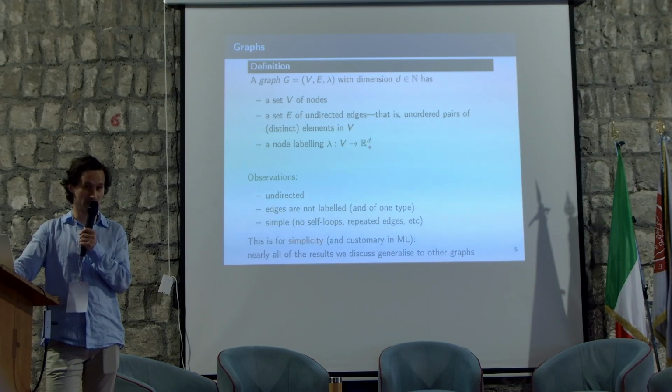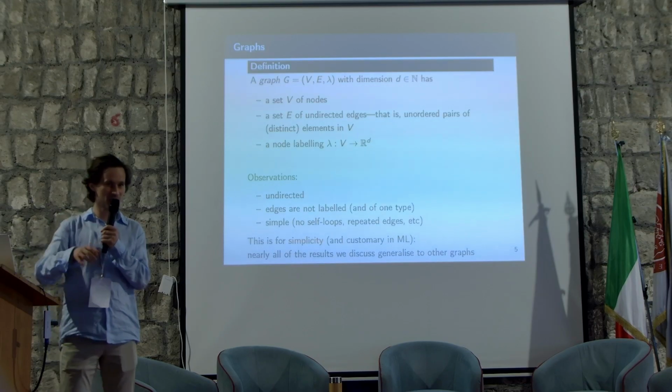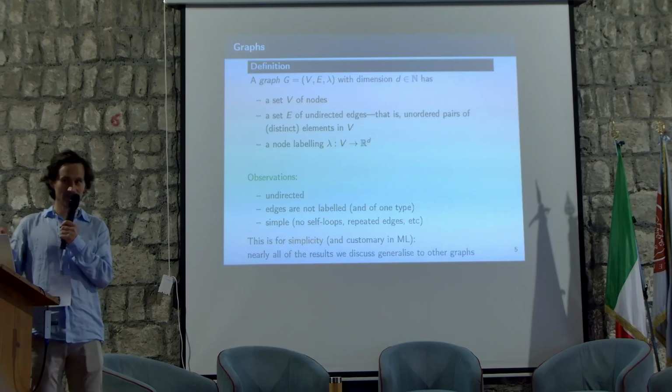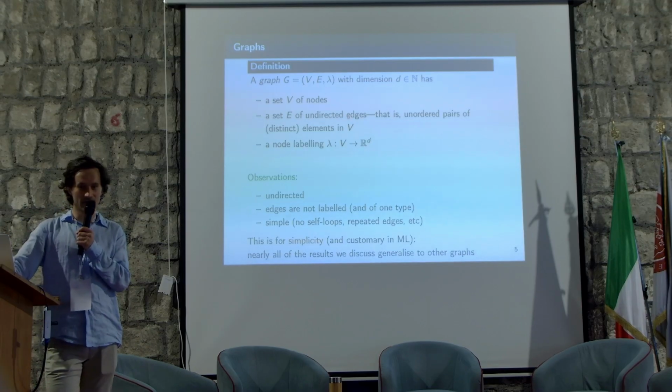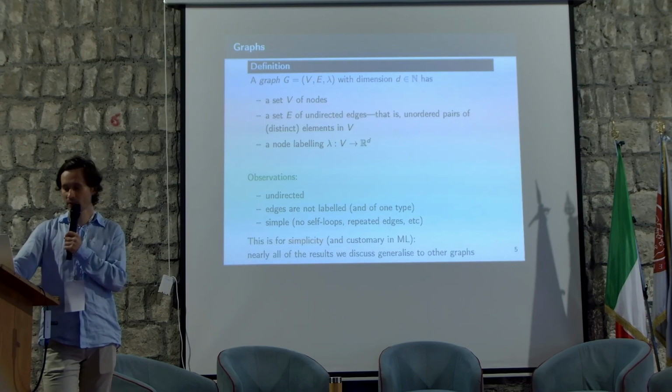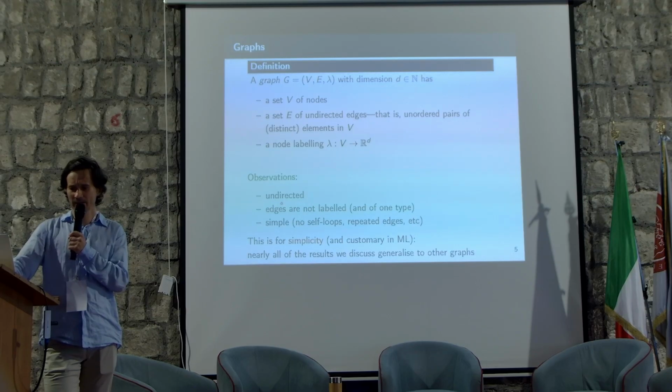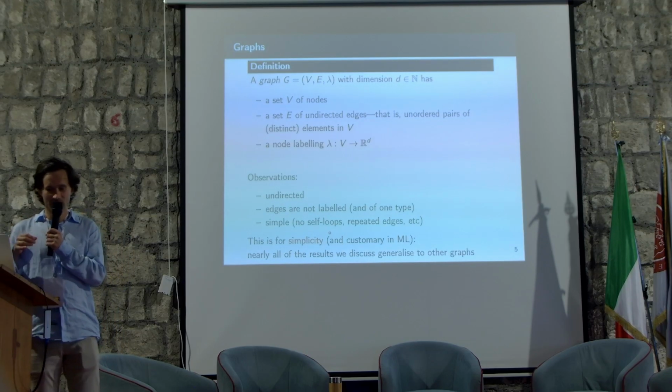This is my model for today, okay? This is maybe a bit unusual for logic people, but for graph learning, this is what we usually assume. These assumptions about undirected and unlabeled edges are just for simplicity.